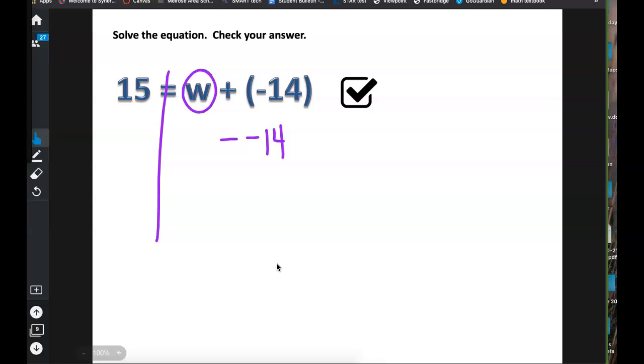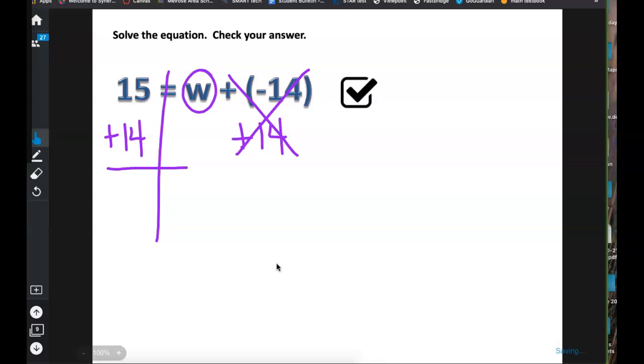Plus 14. So anytime you see a letter with a negative number next to it, the way we cancel out a negative number is with a positive number. So I'm just going to put plus 14 on both sides, because negative 14 and positive 14 would cancel each other out.